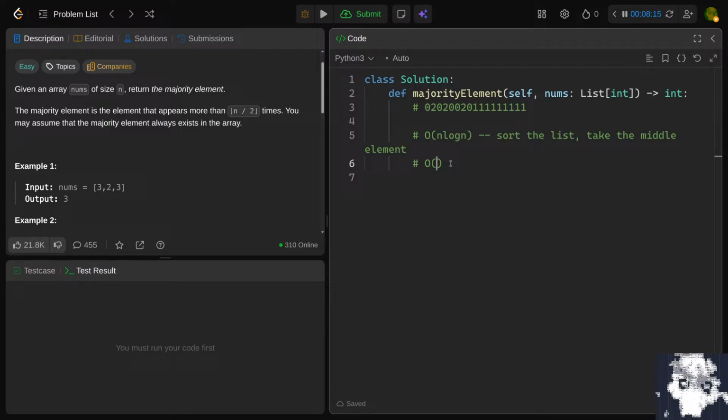So, you know what? It's a 0.1 chance of success. Return random element. Because you could just return the random element immediately and you get 0.1 chance, which is kind of interesting.